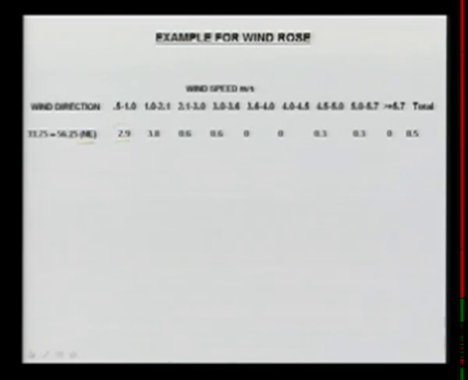So this is what joint frequency is. Joint means this as well as this. So you can say 3.8% of the time my wind was from the direction northeast and it was in the wind speed range of 1 to 2.1 meters per second, and so forth. Now the interesting thing is I must be able to plot it, and how do I plot it, I'll show you for this example.